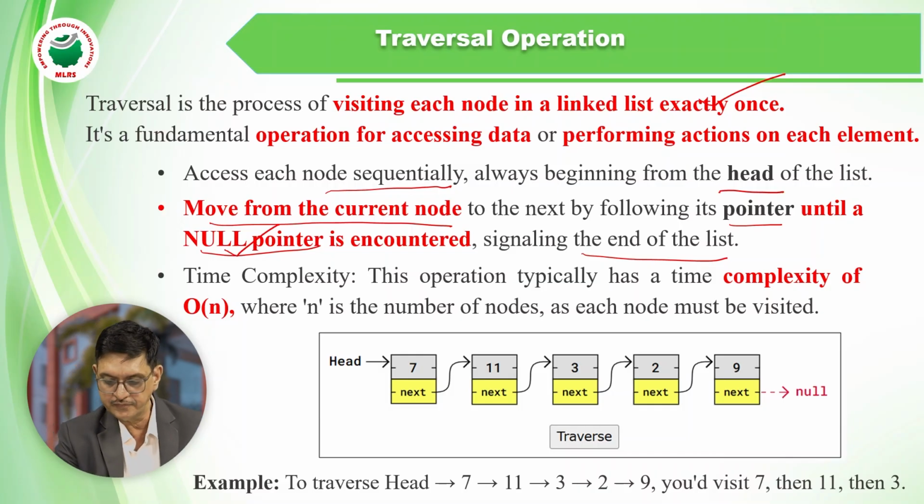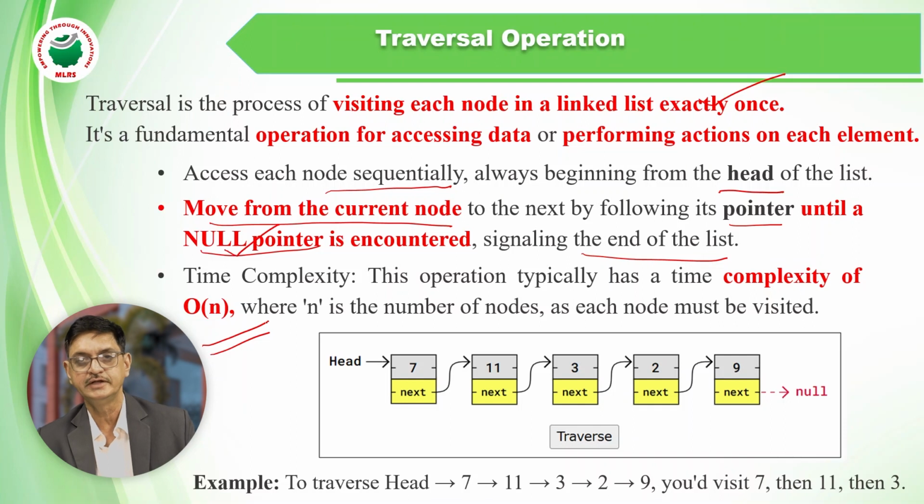It takes O of n time. That means the time complexity of reaching the last node, or in the average case of identifying any particular node in the linked list, is O of n.